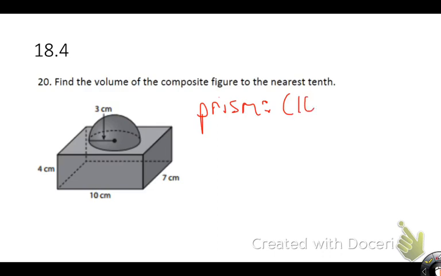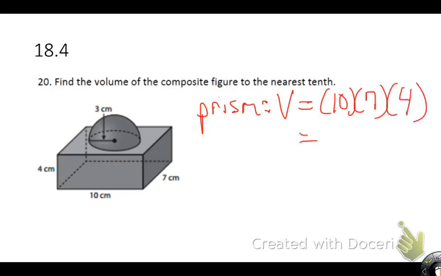So volume equals 10 times 7 times 4. That should be 280, so that'll be 280 cubic centimeters.